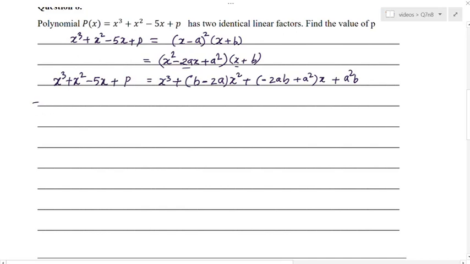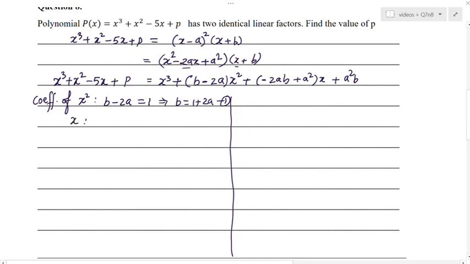First I'll start with the coefficient of x squared on both sides. I got b minus 2a on the right hand side, and that should be equal to 1, which I can write as b equals 1 plus 2a. This is my equation number 1.